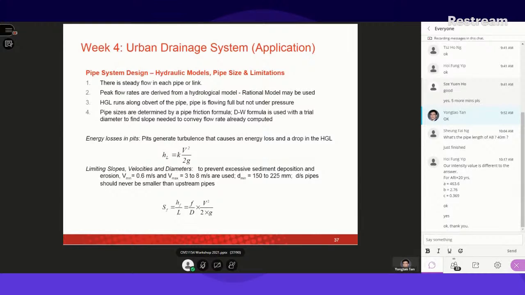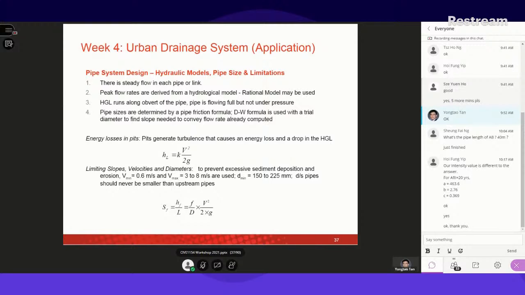Let's have a look at the pipe system design, starting with the assumptions of the pipe design of the urban drainage system.